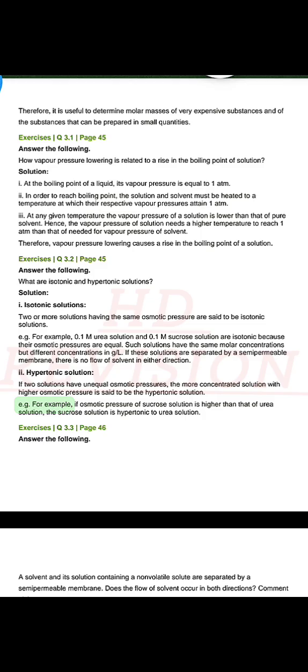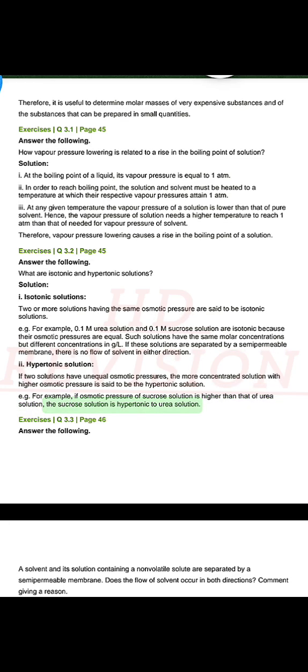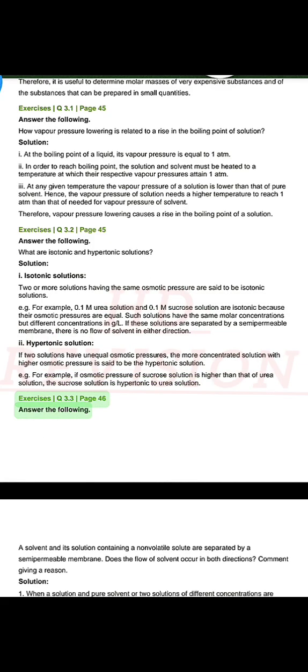For example, if osmotic pressure of sucrose solution is higher than that of urea solution, the sucrose solution is hypertonic to urea solution.